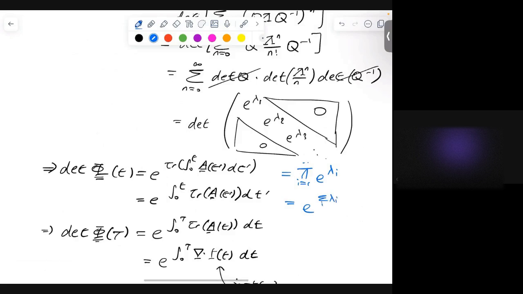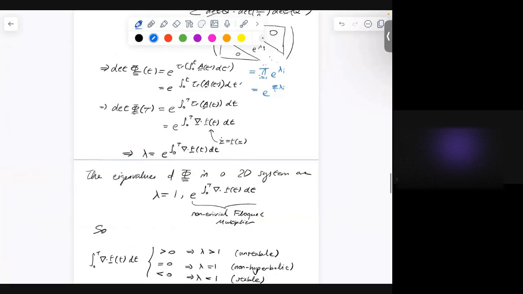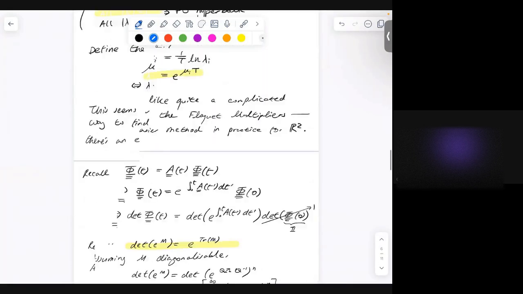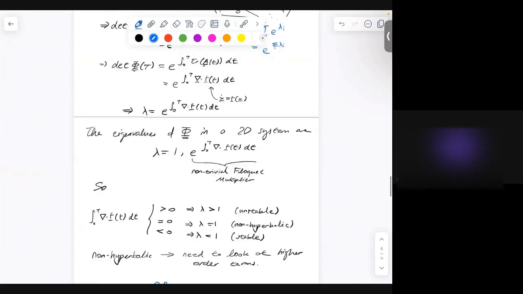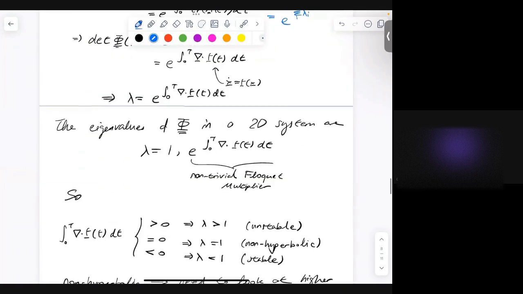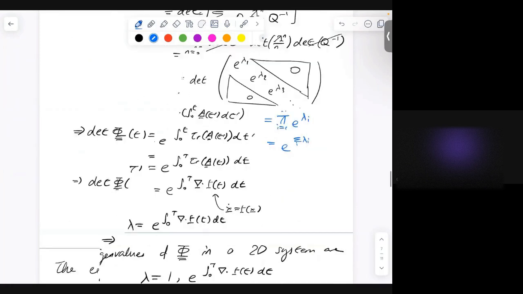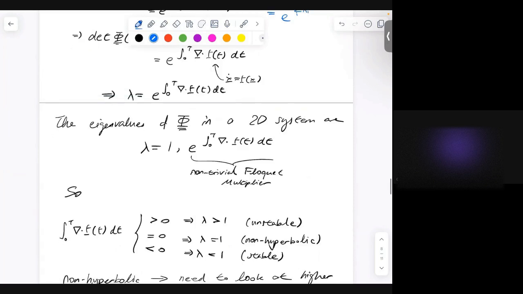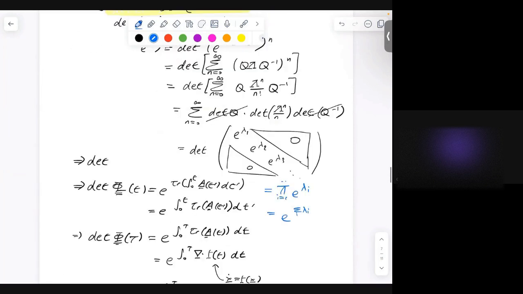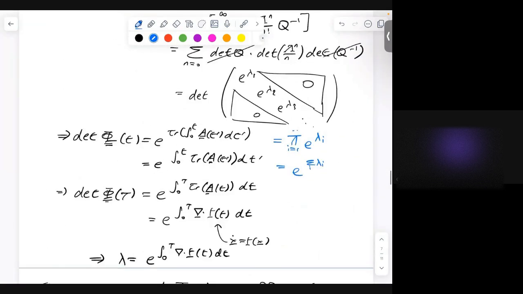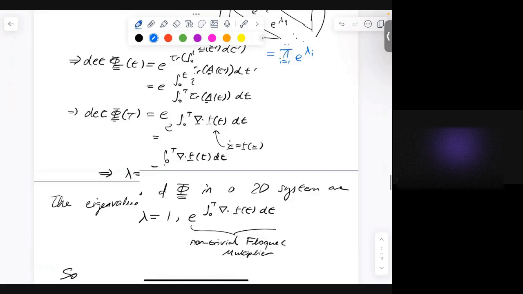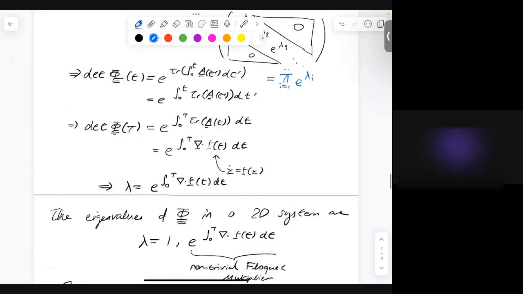And so, as we say, we are in R2, and as I said before, one of the eigenvalues is guaranteed to be 1.